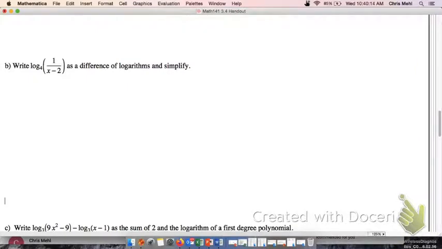So I'm going to write log base 4 of 1 over x minus 2 as a difference of logarithms and simplify.